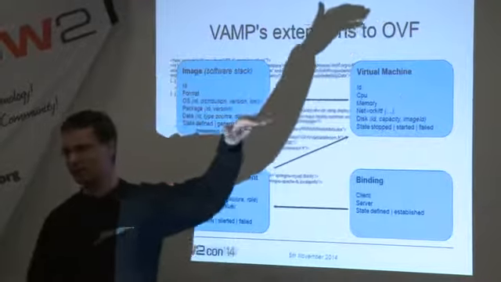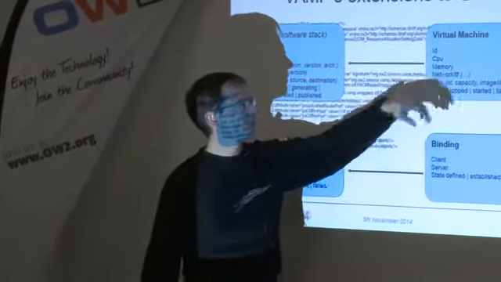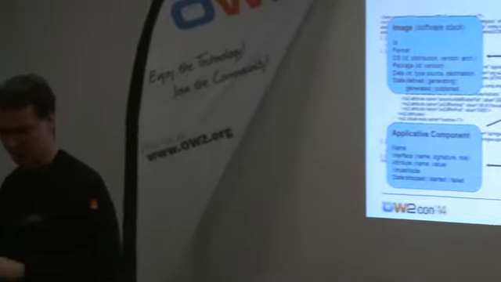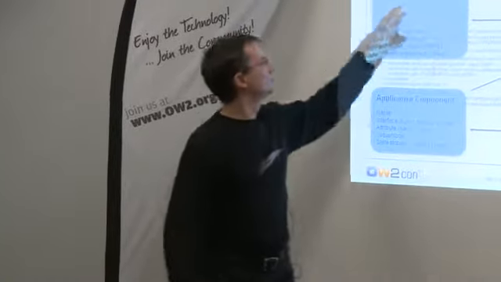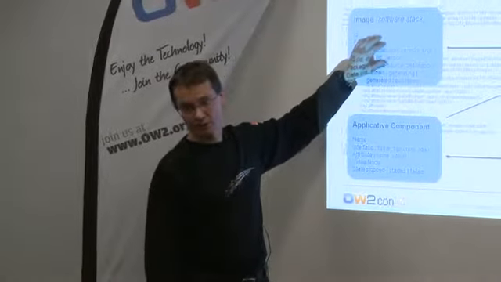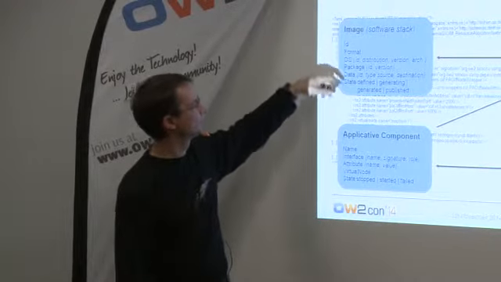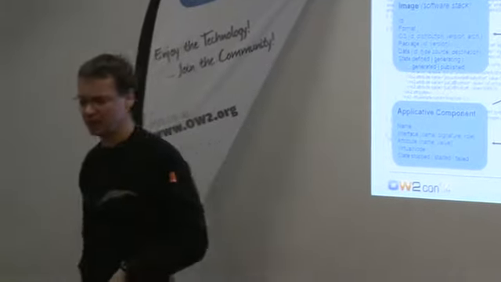In this OVF description, you will have the list of all virtual machines with their CPU, memory, networking capabilities, the disk, and so on. Each virtual machine will be associated to virtual machine images with the format of the image, the operating system, and the packages. So here you may have a full description of the software stack that you want to deploy for this particular virtual machine.